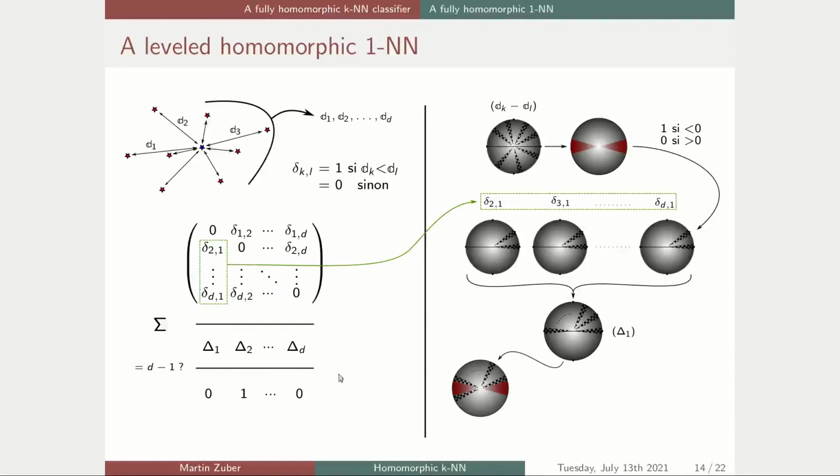For this, we're going to apply a little bit of a rotation and then a bootstrapping operation, which is going to make it so that only the d minus 1 value is going to be in the lower half of the torus here. So the output of the bootstrapping operation is going to be equal to 1 only for one of our big delta ciphertexts. And so with this, we have a leveled homomorphic one nearest neighbor computation.